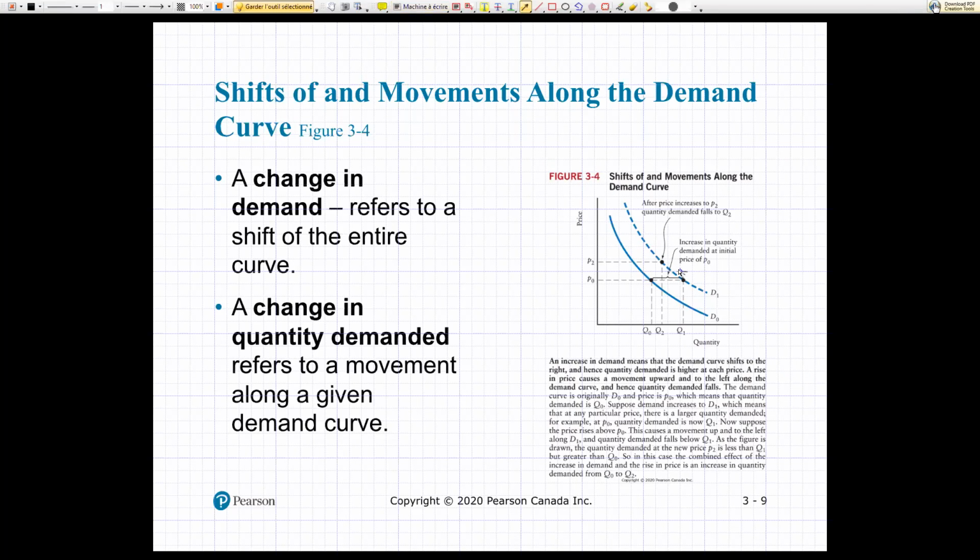Here you would just have D1, the demand curve 1, and a shift along it. That would be a change in quantity demanded along the demand curve. Questions again on this, or can I go forward?